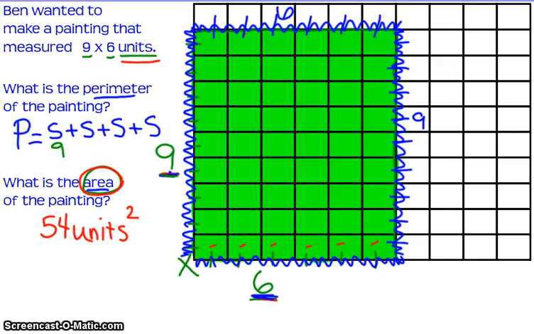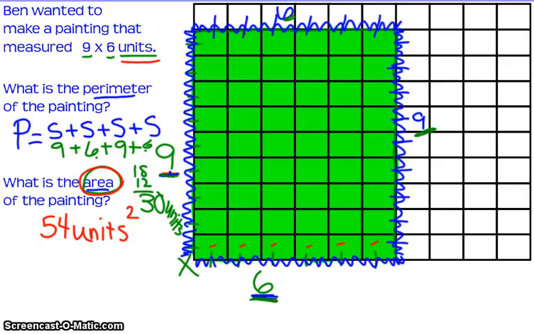We have 9 plus 6 plus another 9 plus another 6. And I get 2 groups of 9 is 18. 2 groups of 6 is 12. I wind up with 30 units.